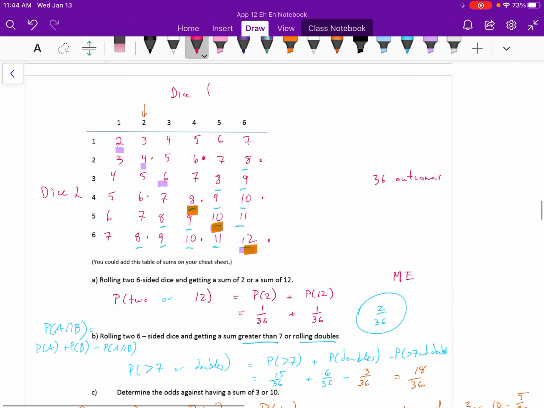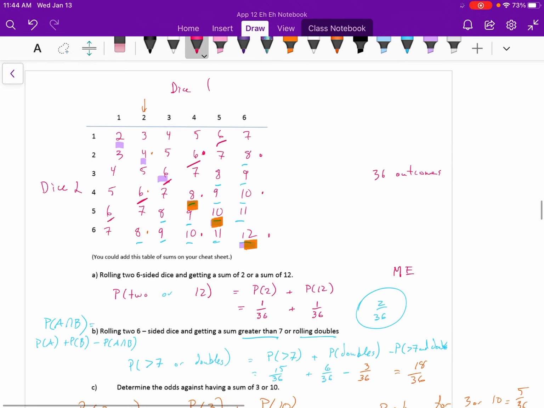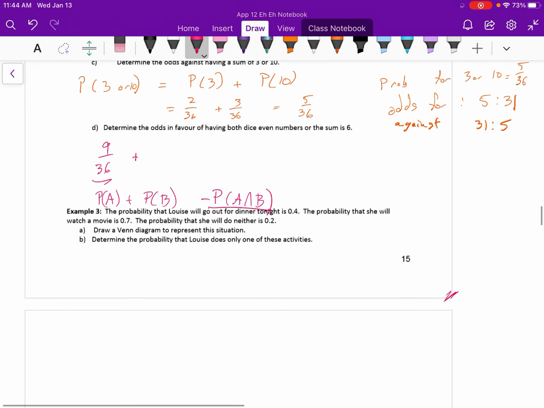So this is the probability of both dice being even. Now the sum of 6 occurs 5 times. So the probability of a sum of 6 is 5 out of 36.